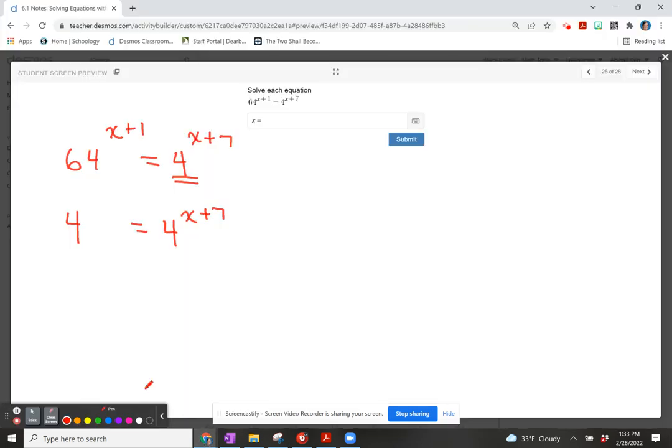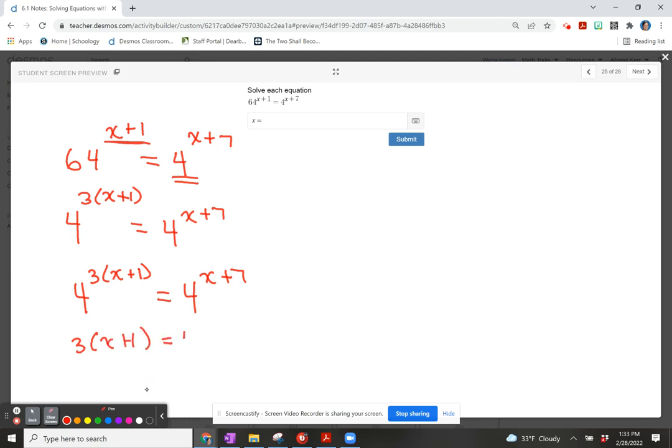So I can do 4 to the third. And then notice that I already have an exponent, so I need to put that in parentheses. So this is going to be my new problem. I now have the same base. So now I can solve it.